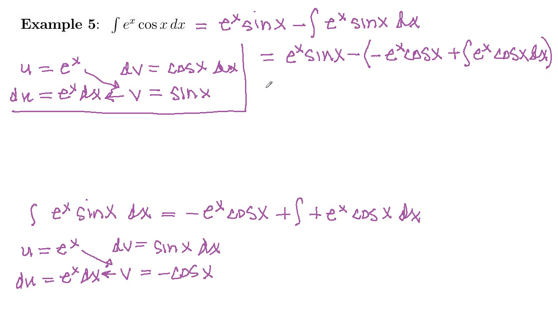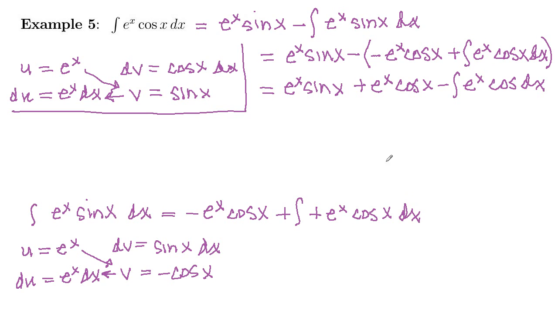And let's go ahead and remove the parentheses and change the signs here. So this will be e to the x sine x, double negative there, positive, plus e to the x cosine x. And then this will change to a negative, the integral of e to the x cosine x dx.